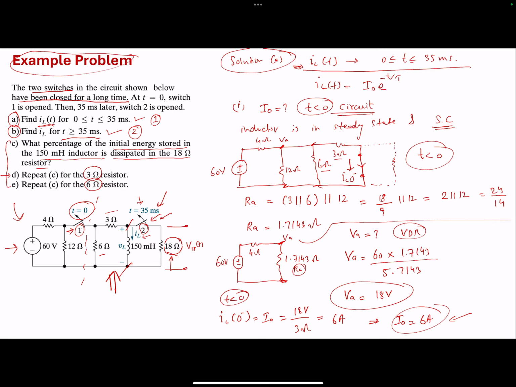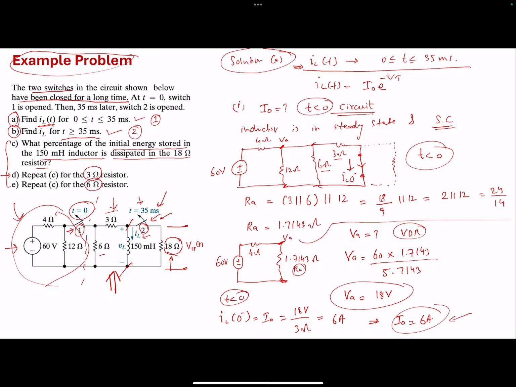Before t is less than 0, before the switching events, energy was being stored in the inductor, 2700 millijoules, and then it starts to get dissipated. After switching event 1, when this portion of the circuit got out, the energy was being dissipated in the 3 ohms resistor, and the circuit had an 18 ohms resistor.